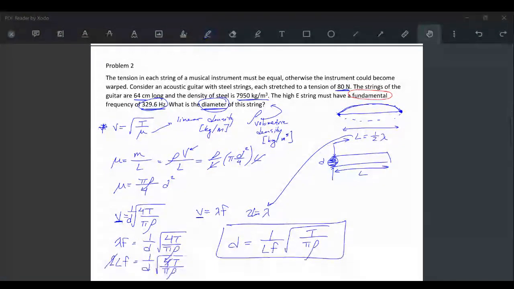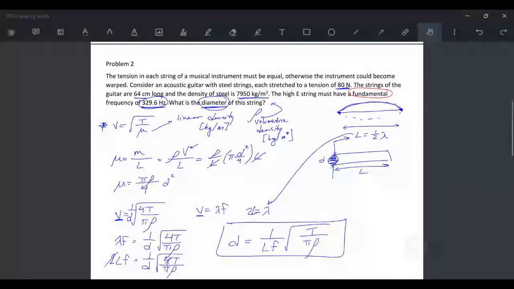So previously, you all have the numbers, right? Tension is going to be 80 newtons. The volumetric density is 7950 kilograms per cubic meter. The frequency is 329.6 hertz.